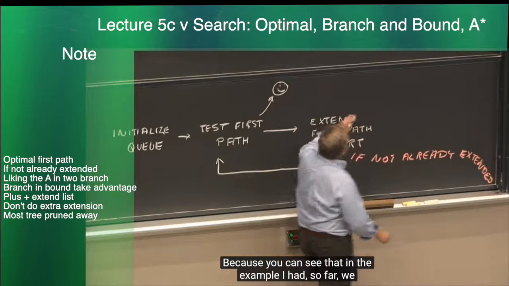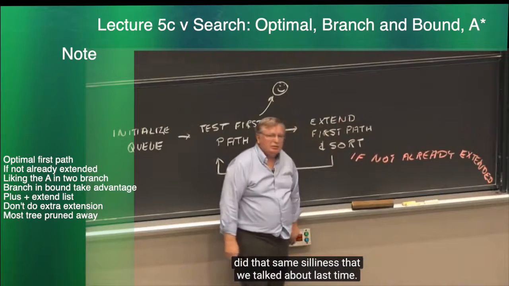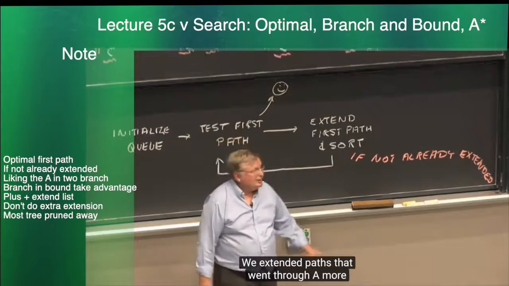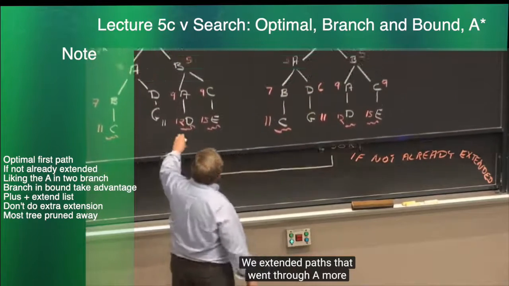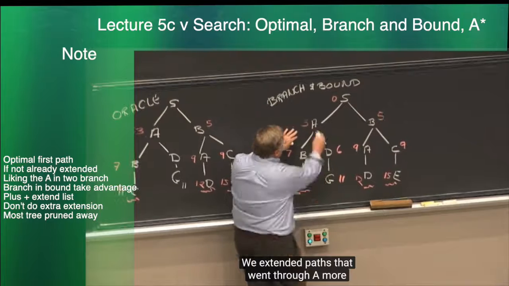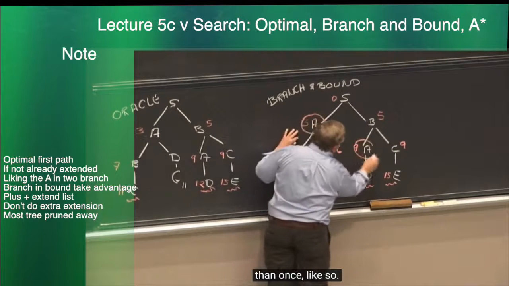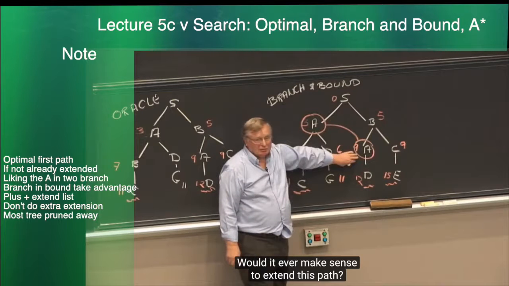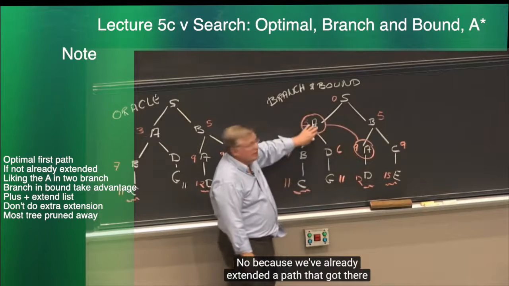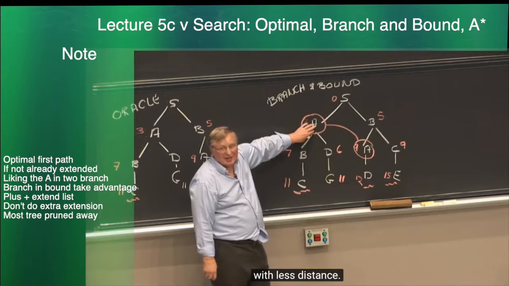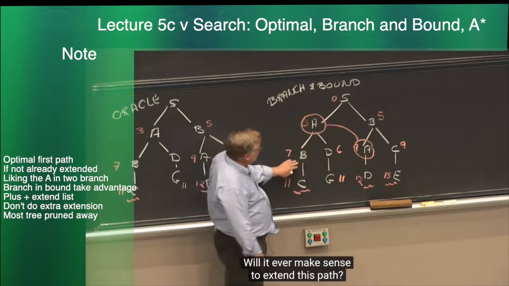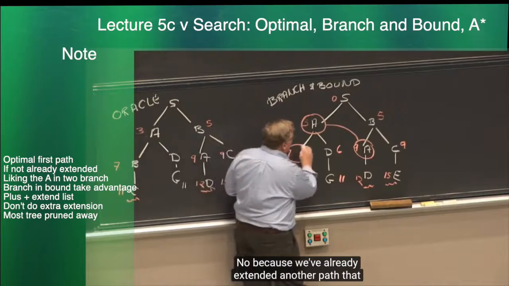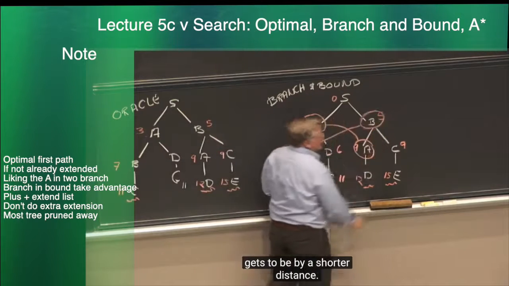Because you can see that in the example I had so far, we did that same silliness that we talked about last time. We extended paths that went through A more than once, like so. Would it ever make sense to extend this path? No, because we've already extended a path that got there with less distance. Would it ever make sense to extend this path? No, because we've already extended another path that gets to B by a shorter distance.